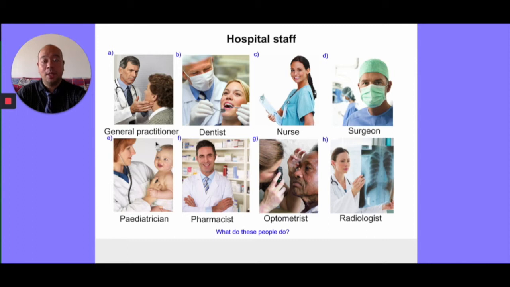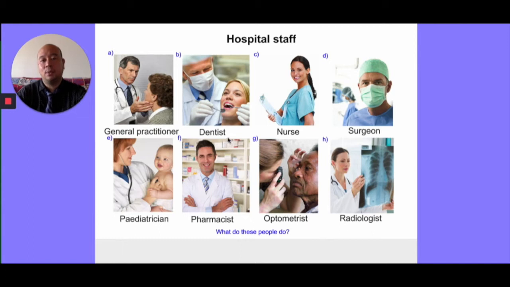For example, if you have a headache or a stomach ache or something like this, you would go to see the general practitioner. They will ask some questions about your problem and your condition, and then they will try to give you some advice and maybe prescribe you some medicine to take to get better.